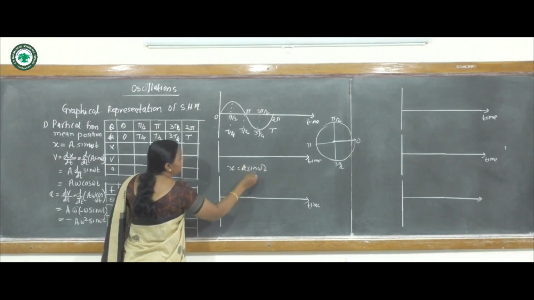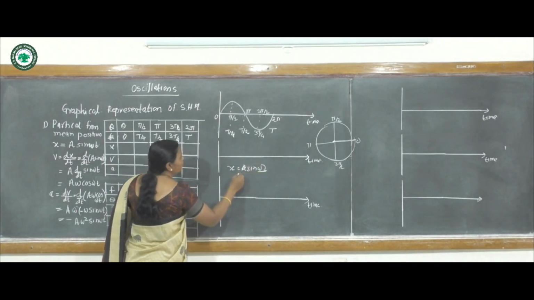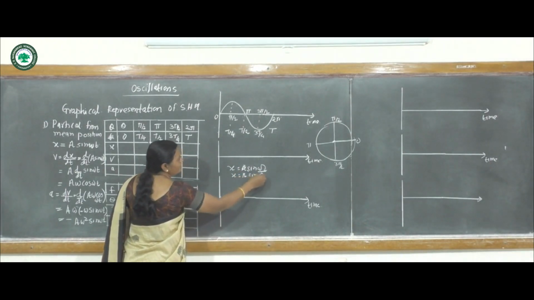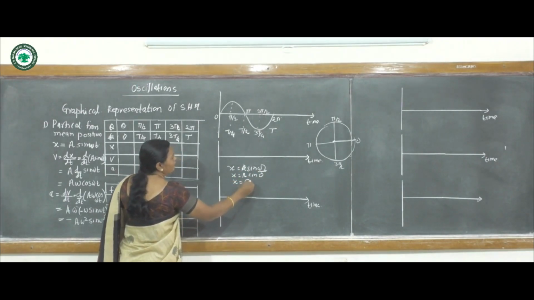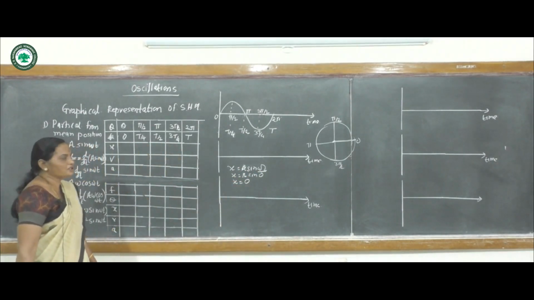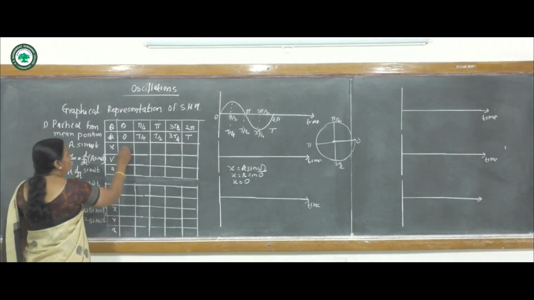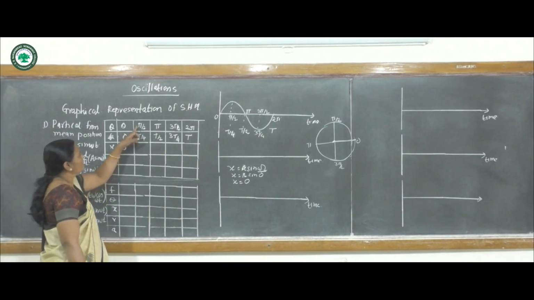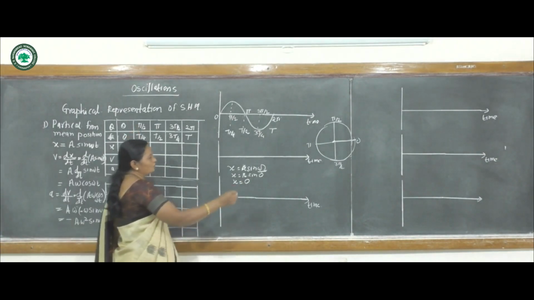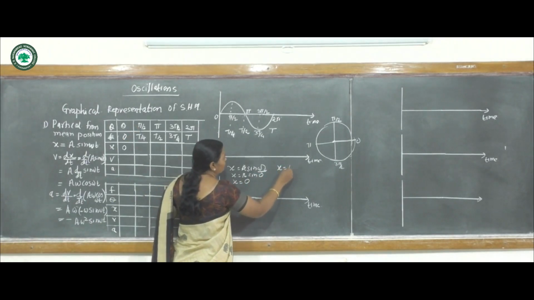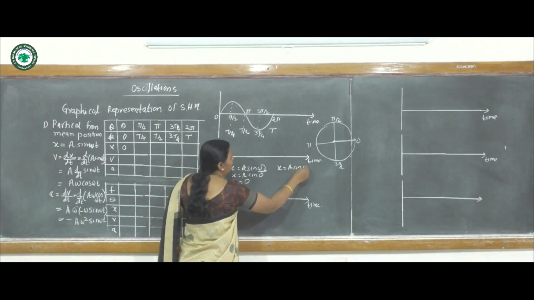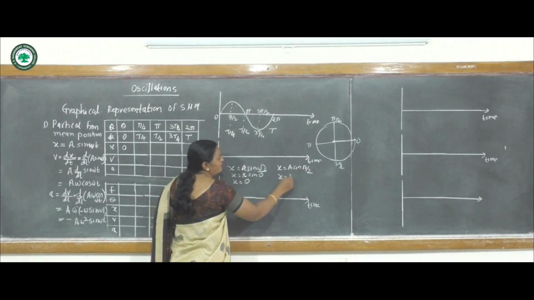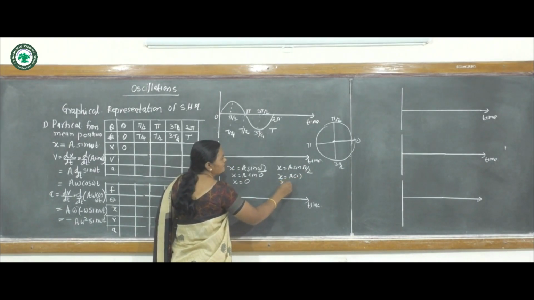We can see this ωt is 0. x is equal to a sin 0. a sin 0 is 0, therefore x is equal to 0. Therefore we get the first value 0. Now again we substitute theta is π/2, that is x is equal to a sin π/2. Now sin π/2 is 1, that is a into 1, and we get x is equal to a.